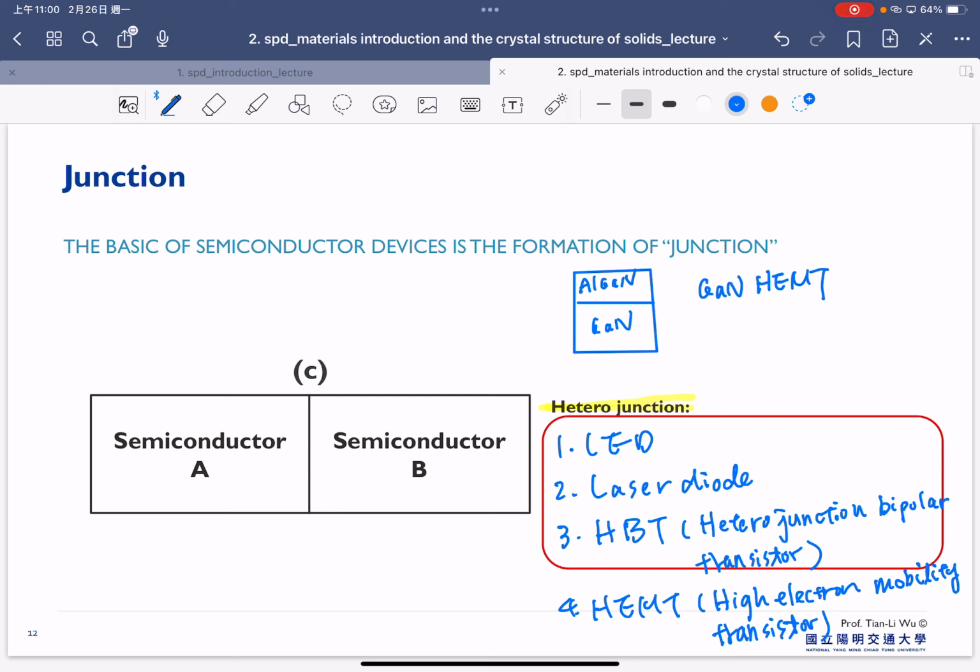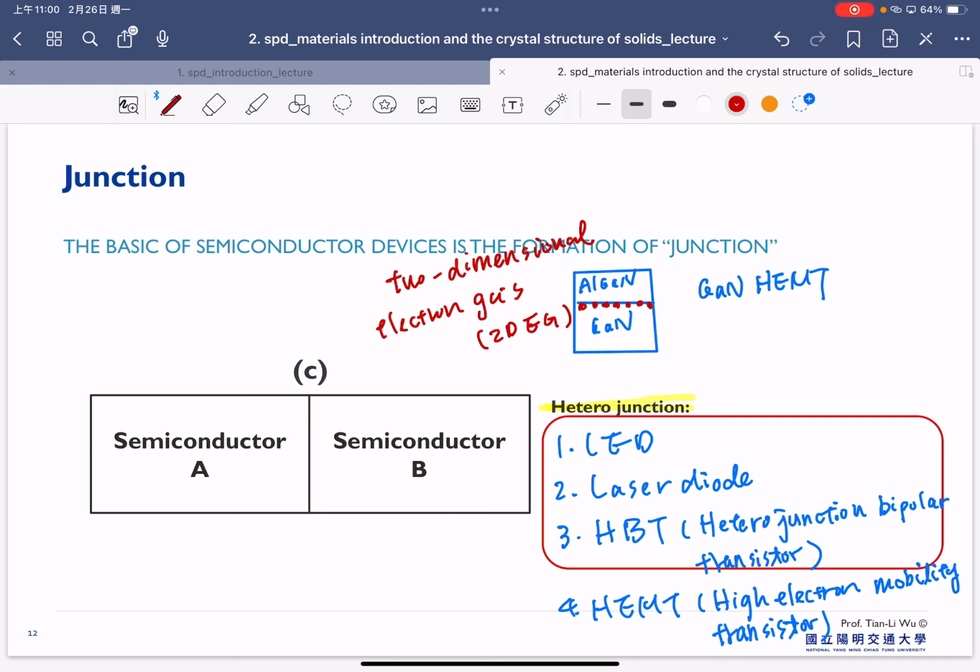In this case, there are electrons at this interface, and usually we call this a two-dimensional electron gas, or 2DEG. That is a very unique property that only happens in a system with aluminum gallium nitride on top of gallium nitride.